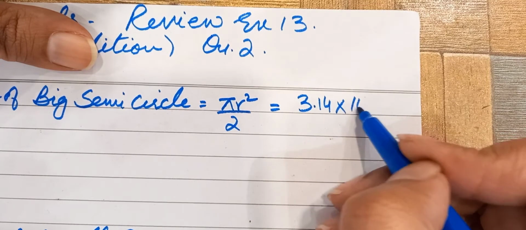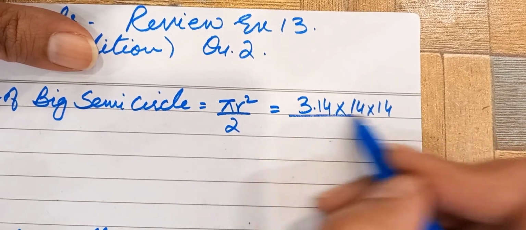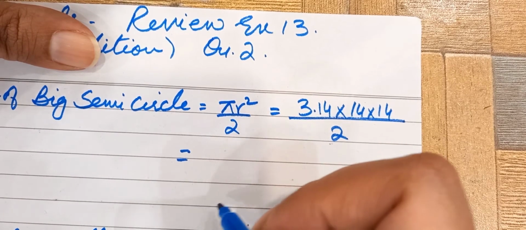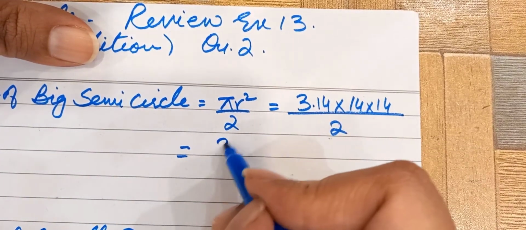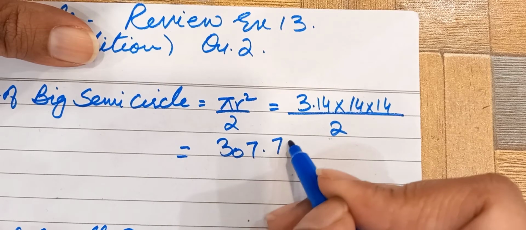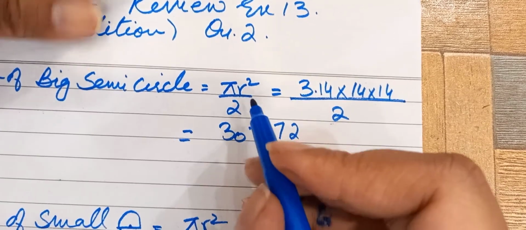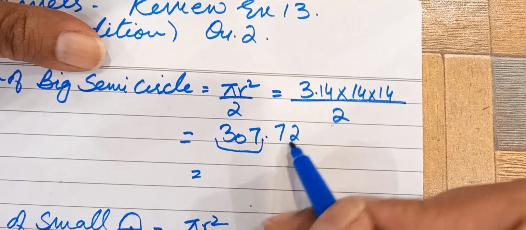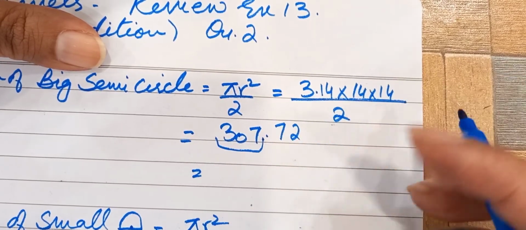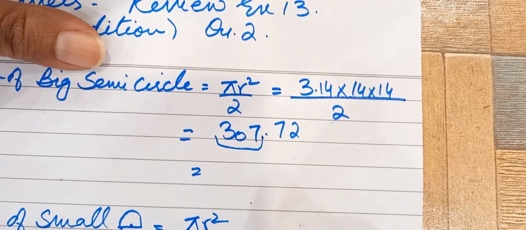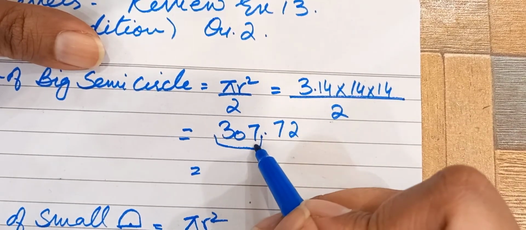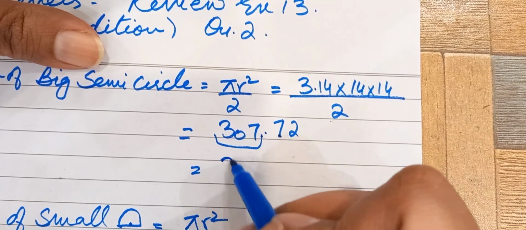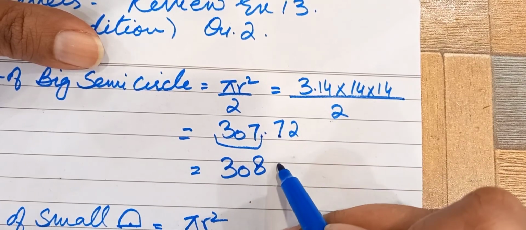So 14 into 14 divided by 2. The result would be 307.72. I'll round it off to 3 significant figures. You can leave it like this as well and round it off in the end. The next digit is greater than 5, so I'll add 1 to it. It will become 308 centimeters squared.